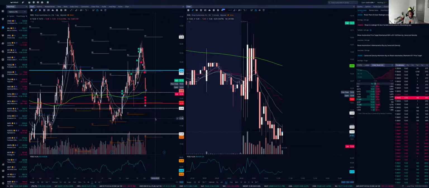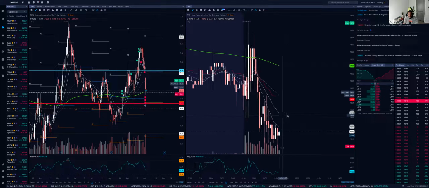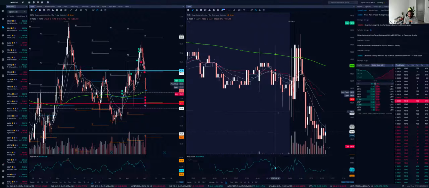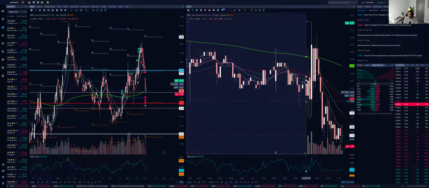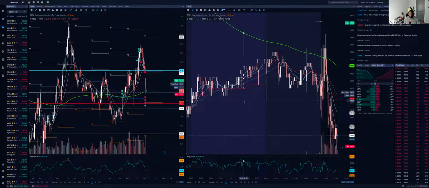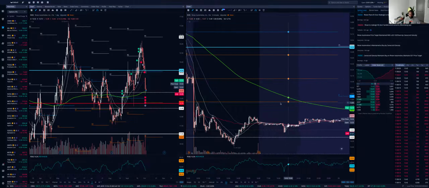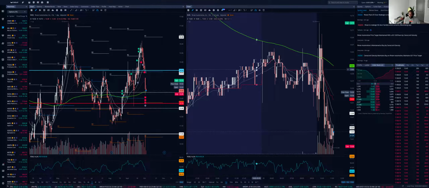Rivian's chart looks good. It's not terrible, but just look at how it's trading today. Even if the daily looks good, take a deeper look into the actual chart, and you could tell this is just computers. If you guys don't know how computers look, this is how it looks.